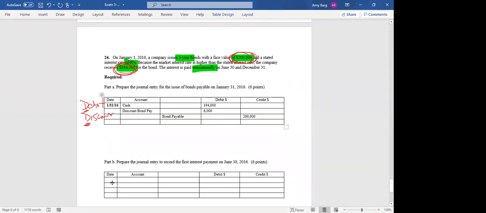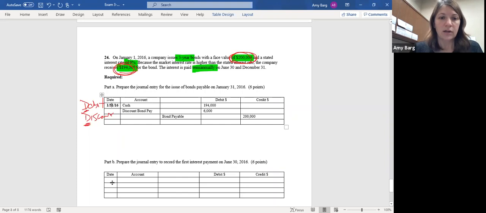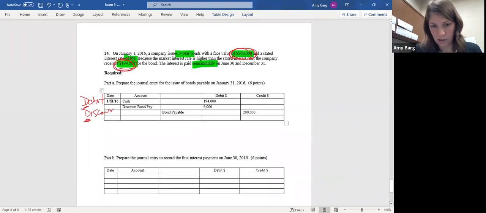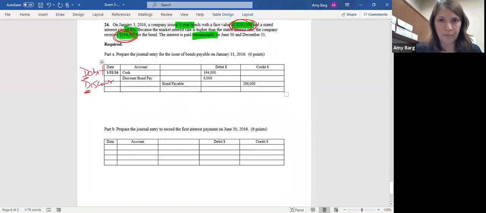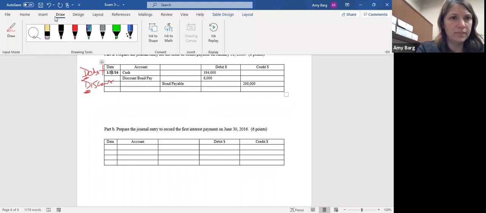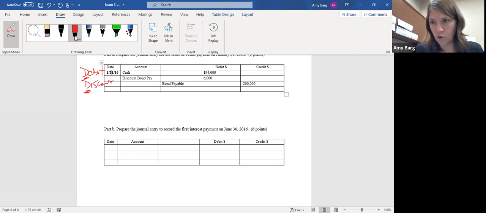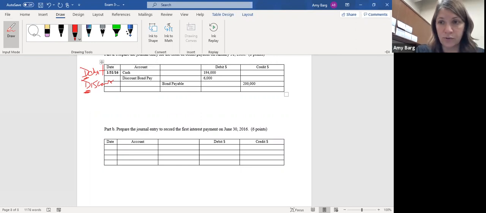Okay, so now prepare the journal entry to record the first interest payment on June 30th. We have to figure out the interest. The coupon rate was 8%, and the face value is 200,000.